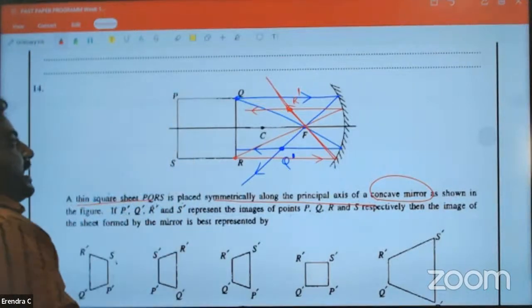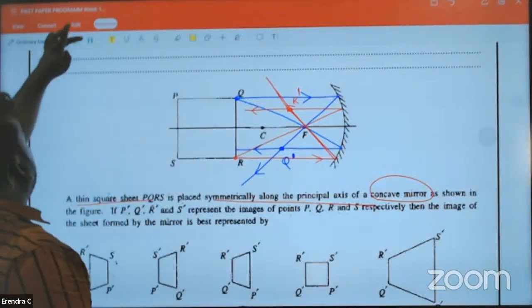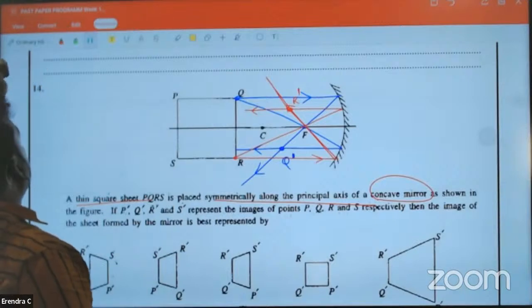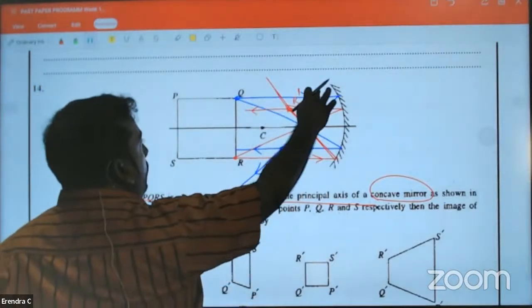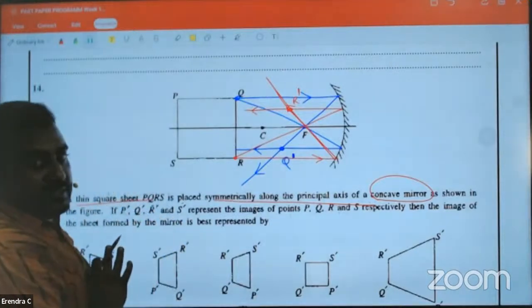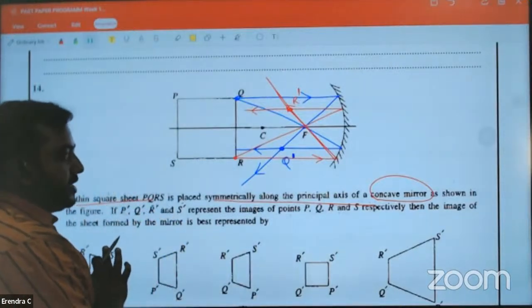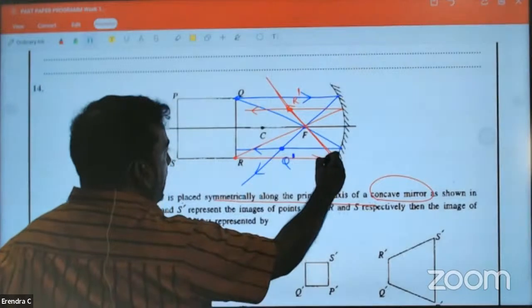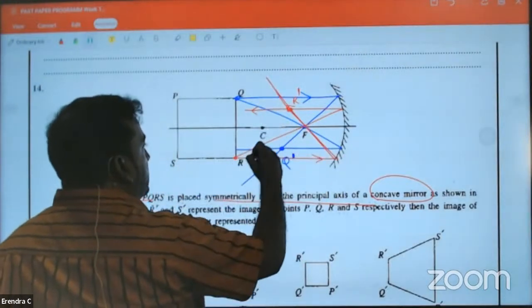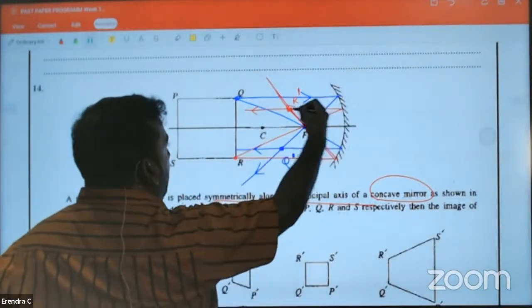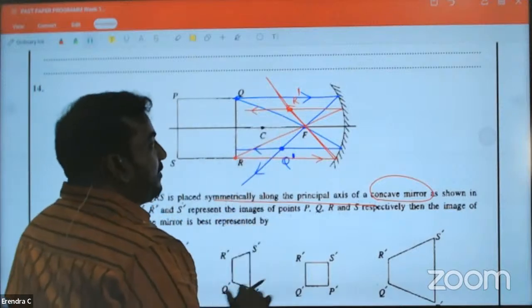What about light rays from P? Now, I hope you all drew this. Draw that below. Light rays parallel go through the focal. Light rays going through the focal will become parallel. Reversible ray I have drawn.